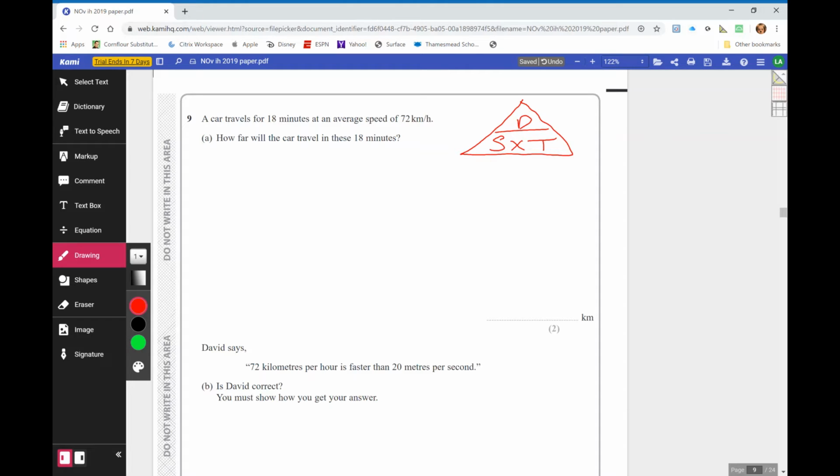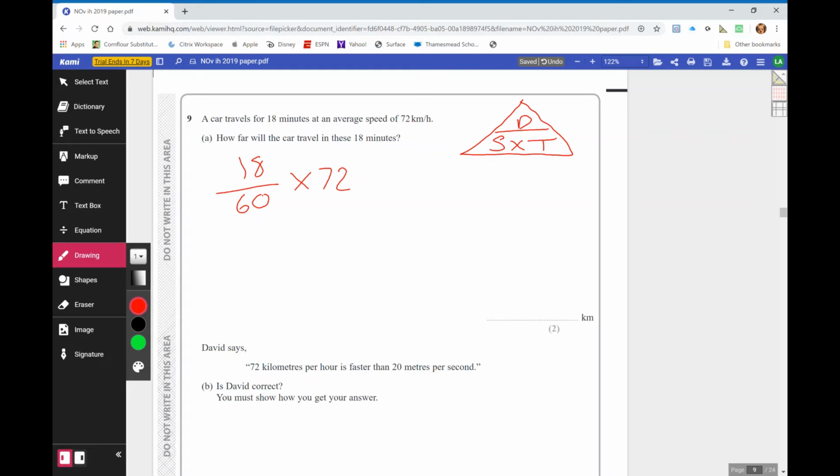Now the problem with this one is that 18 minutes isn't in hours, but this is in kilometres per hour, so you need to convert this. I would normally do this, because we know we haven't got a calculator, so I can't use a calculator. This is really 18 out of 60 times 72. So that's the actual formula for it.